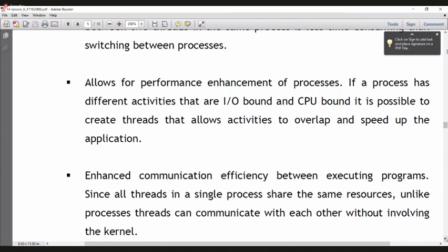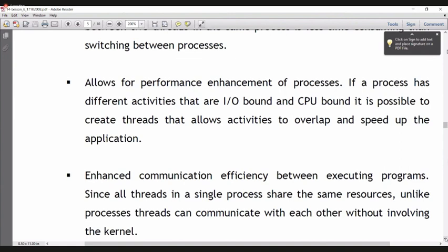Sometimes you don't need processing power if you are reading something from a file. You are not calculating anything. So there are two things called IO bound, input output bound, and CPU bound activities.